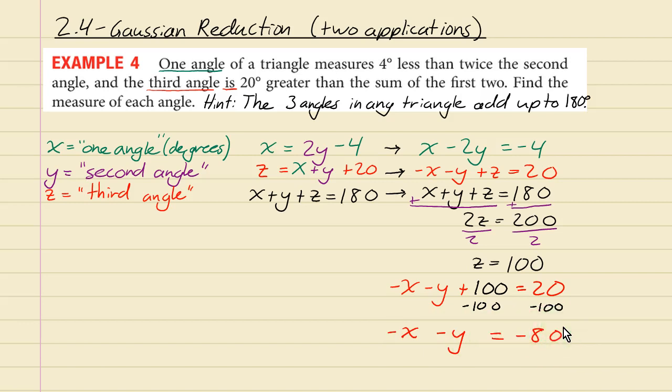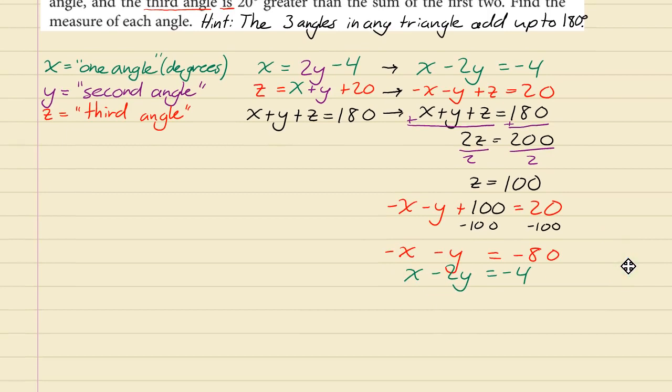Once you have that, we should be able to combine it with this original green equation, because we have a negative x and an x that we can add up to cancel out the x's.